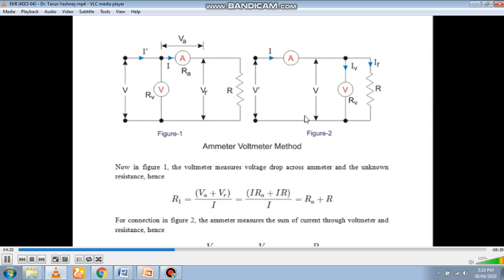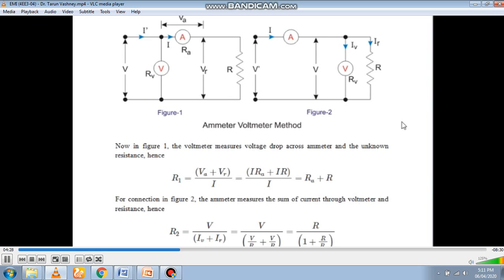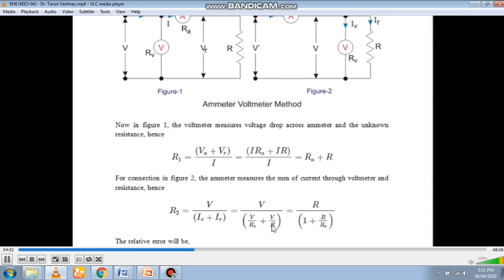Now let's have a look at the second figure. In this connection, the ammeter measures the current I, which is the sum of the current IV and the current IR. So the resistance is given by V upon I, that is V upon (V upon RV plus V upon R).